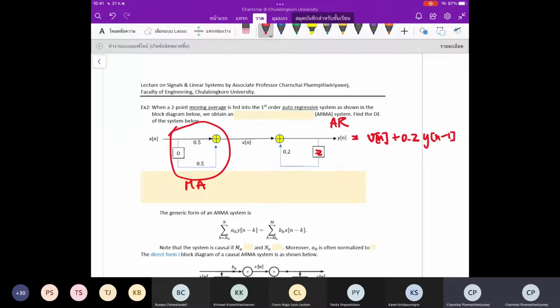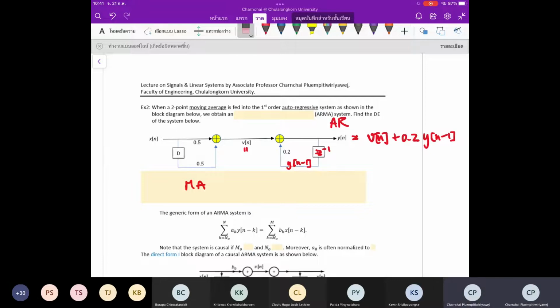This delay, usually I write z to the negative 1. It's going to be y[n-1] here, and times that. So this is v[n]. However, this v[n] is what? According to this, it's x[n] here, right?